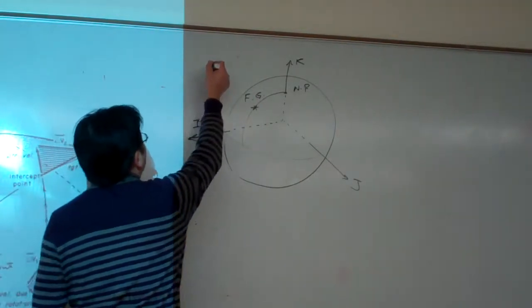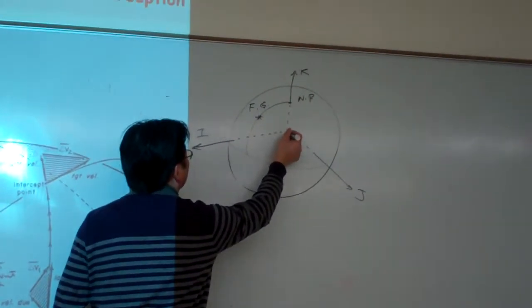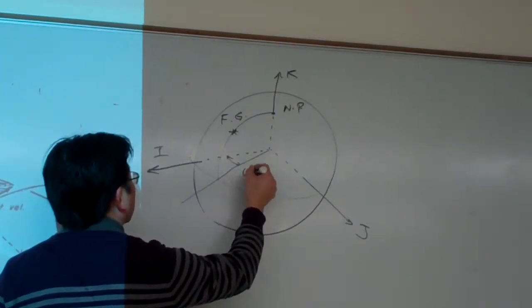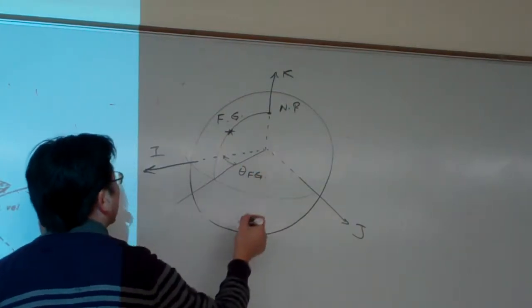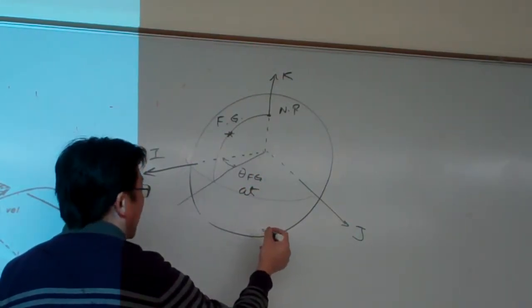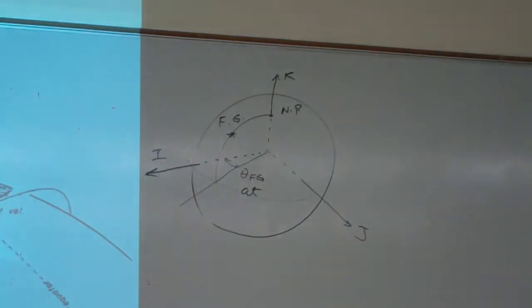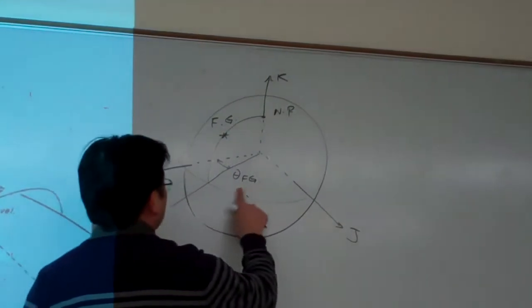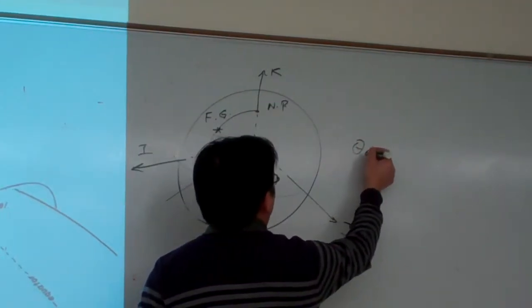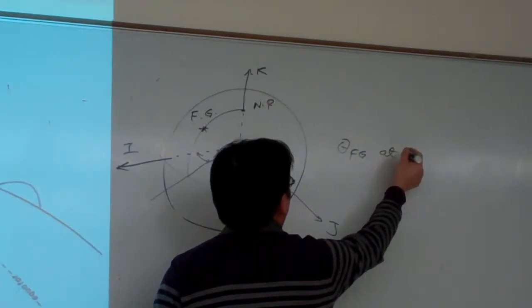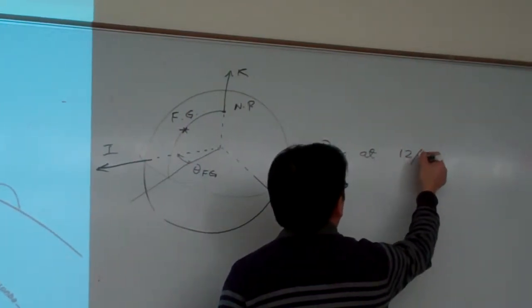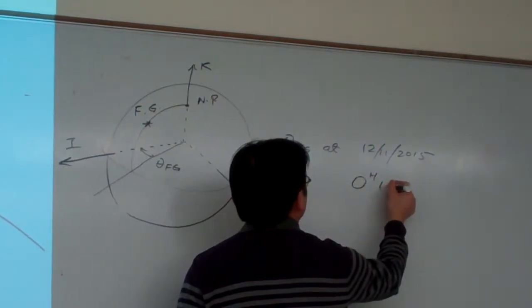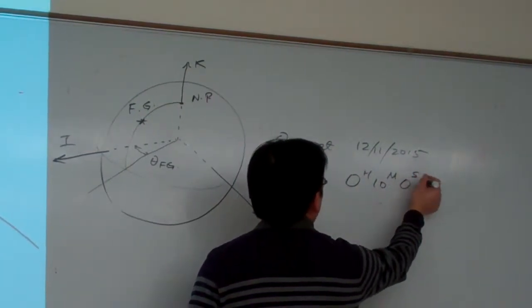I need you to calculate, for example, here, what is the theta? This is the theta for Greely at a specific time: December 11, 2015, at 0h 10 minutes 0 seconds.